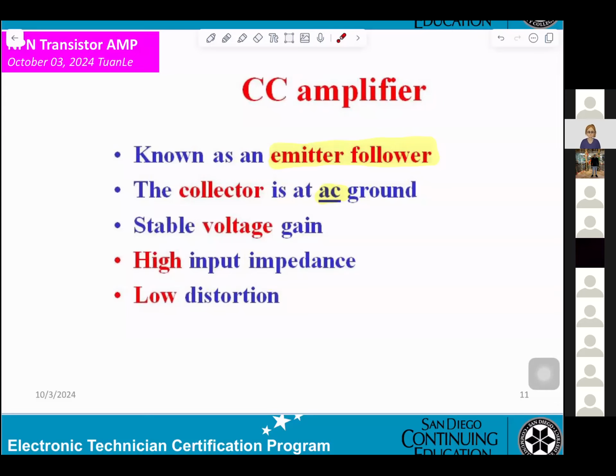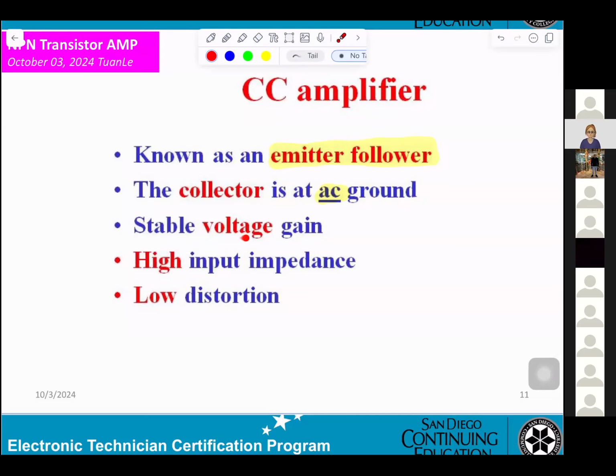Either name, okay, only one. Common collector, emitter follower. The collector is AC route. You see that? Common collector at AC route. Common emitter at AC route. Common base at AC route.